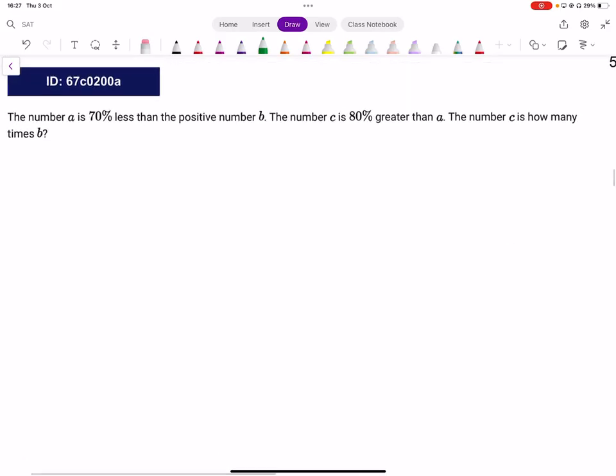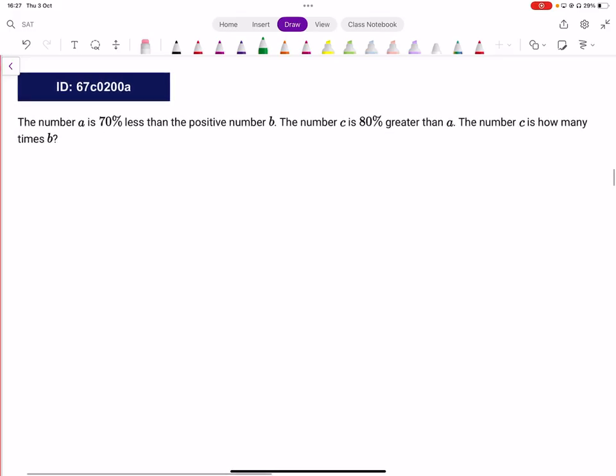The number A is 70% less than the positive number B. The number C is 80% greater than A. The number C is how many times B? Let's write each of these statements in an equation form. A is 70% less than B. How do you write that? A equals 70% less.